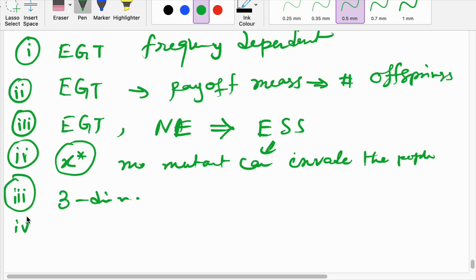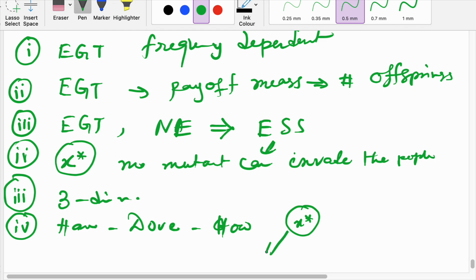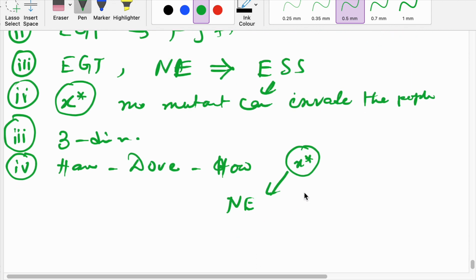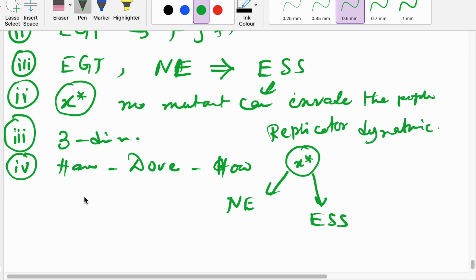And then we found that in the hawk dove game, the internal fixed point of the replicator dynamics is also a Nash equilibrium and also an ESS. So through the example of the hawk dove game, we found out how the solution coming from the replicator dynamics is connected to the classical game theory concept, Nash equilibrium, and the evolutionary game theory concept, ESS.